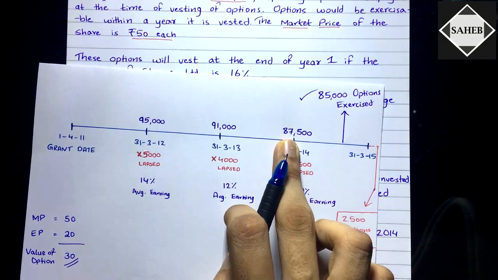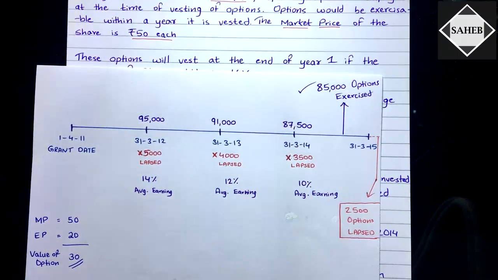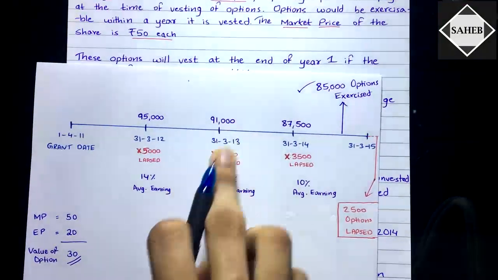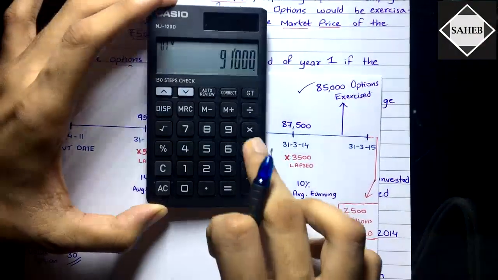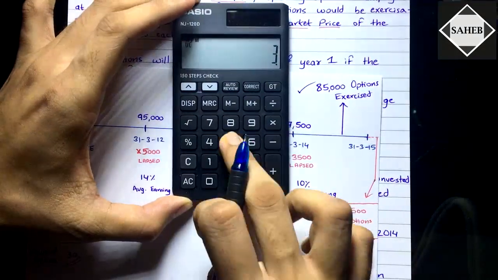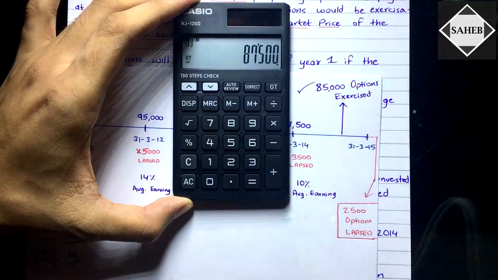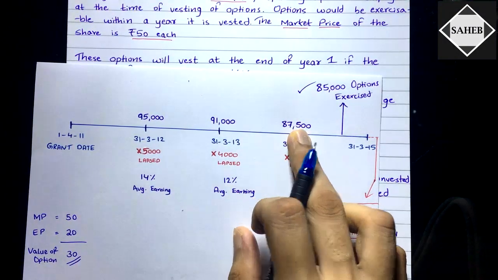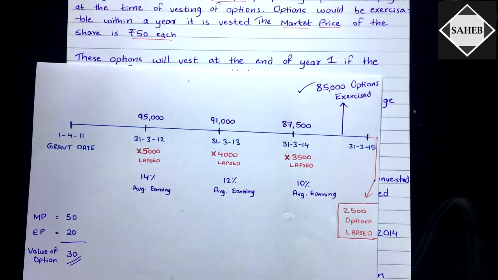How 87,500? See, remaining options are 91,000. बचे हैं 91,000 है ना? 91,000 were remaining in the last year minus options lapsed 3,500 this year. So minus 3,500, that's equal to 87,500. कोई doubt? Simple है ना? Right. So 87,500 are remaining at the end of the third year.